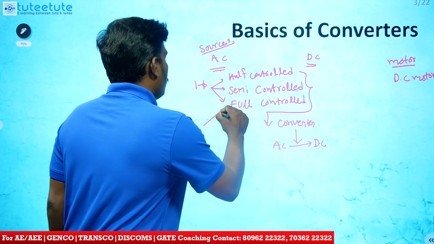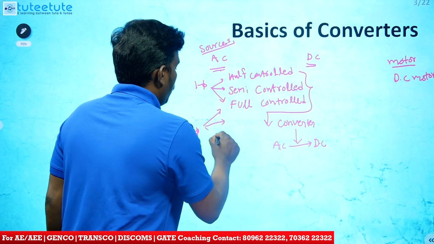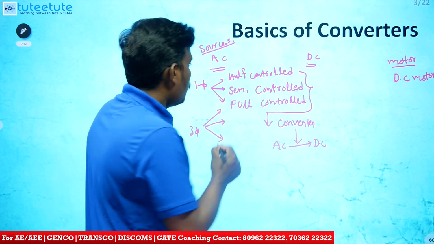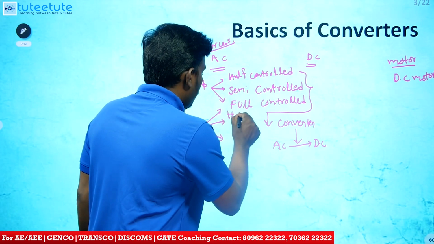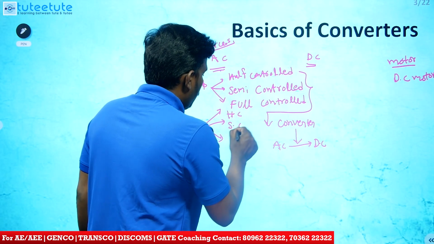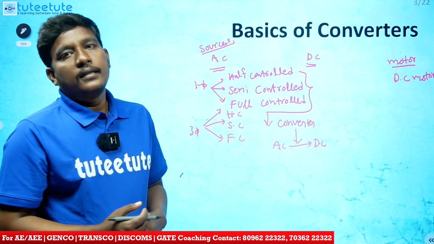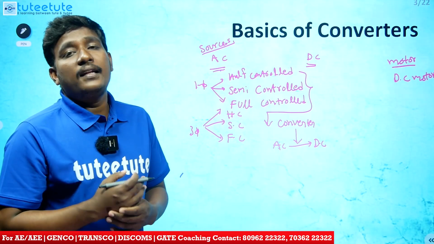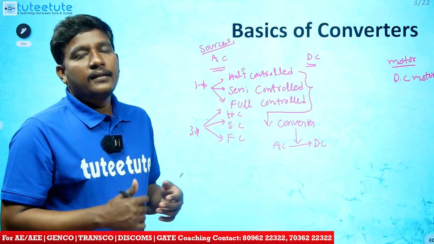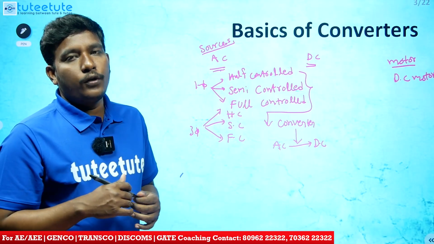Similarly, in three phase also there are three types. I am going to write in short form: half controlled HC, semi controlled SC, and full controlled FC. Suppose the available source for a given DC drive is an AC supply, then which type of power modulator do we need to use?